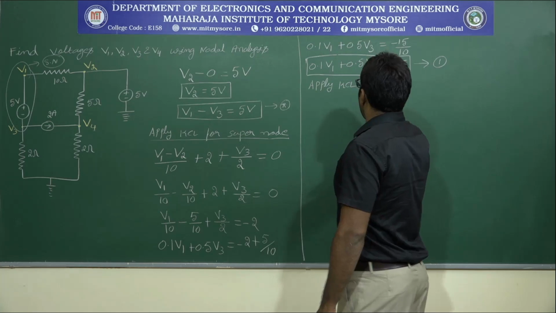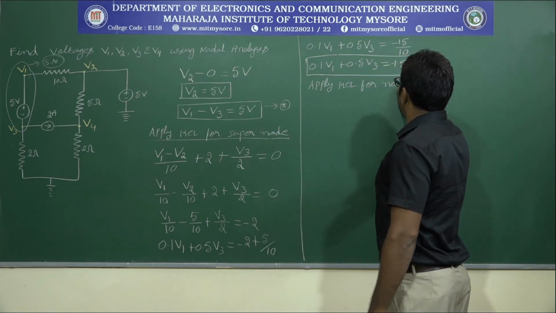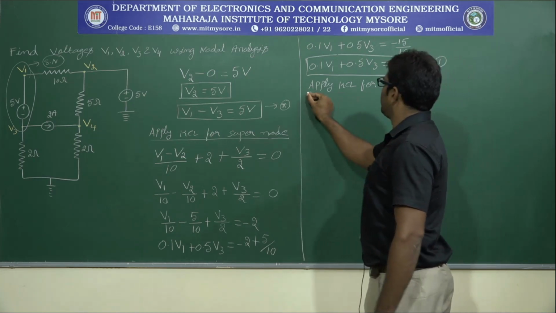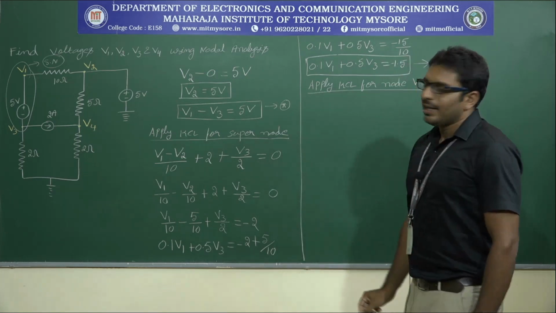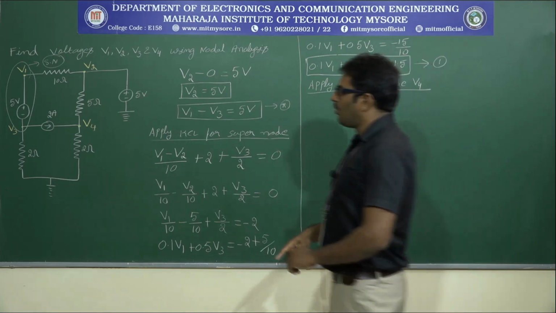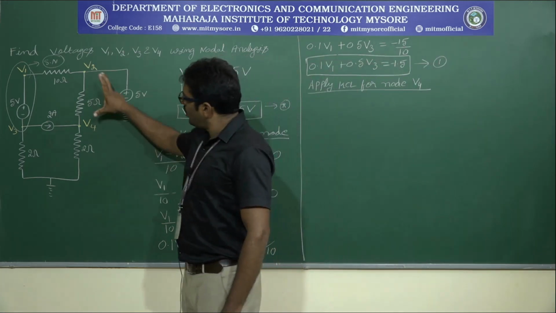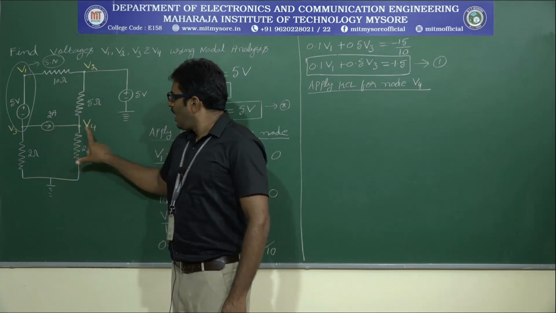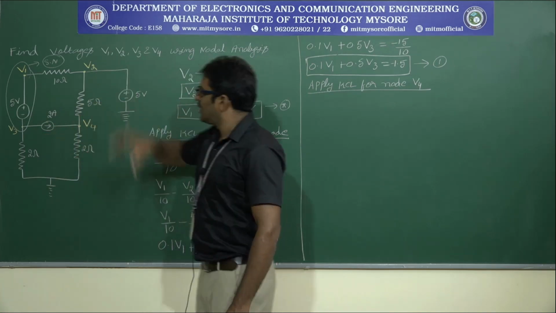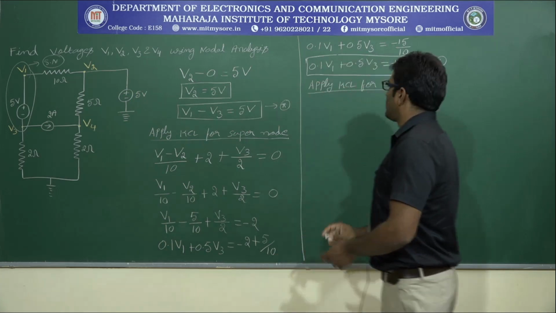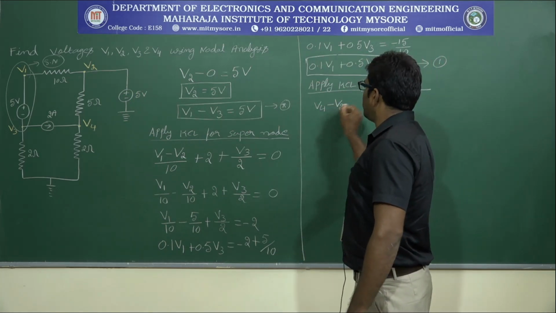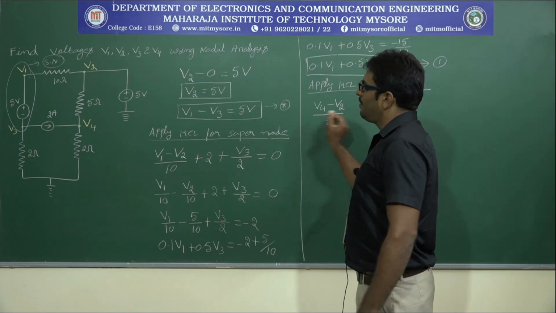Now, apply KCL for node 4, I mean V4. How many branches are connected to node 4? This 5 ohm resistor, a 2 ampere current source, and a 2 ohm resistor. First, let me start with the 5 ohm resistor: V4 minus V2 divided by 5.